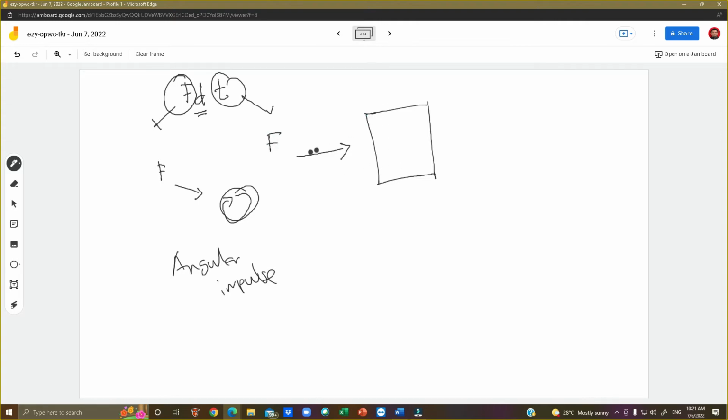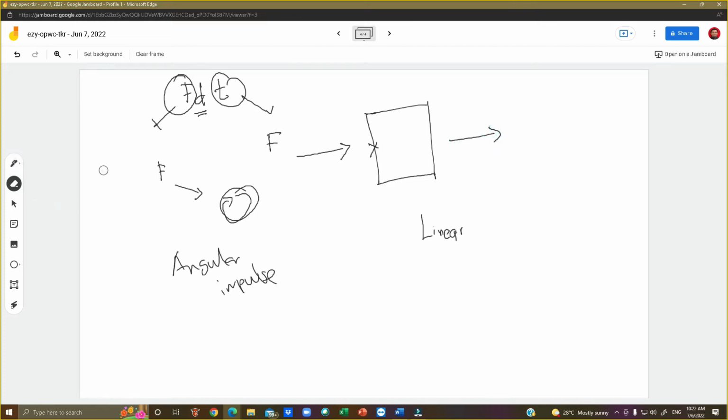What happens to this box if we give force in this direction, in the middle of it? This is the linear case. What is going to happen to this box? Move forward.